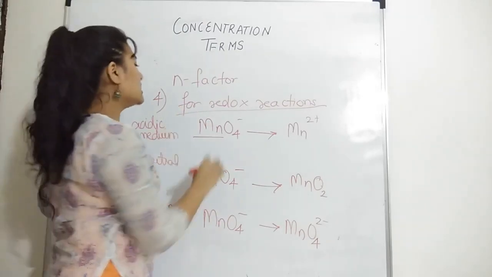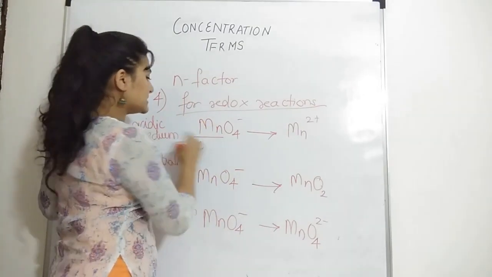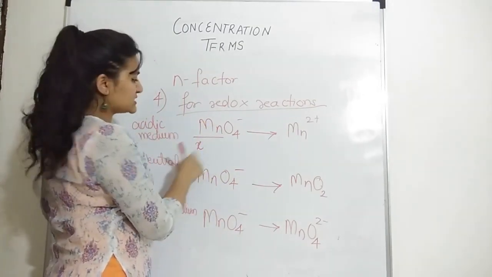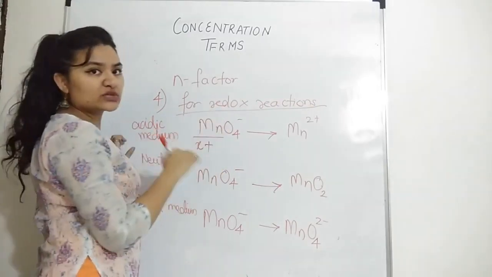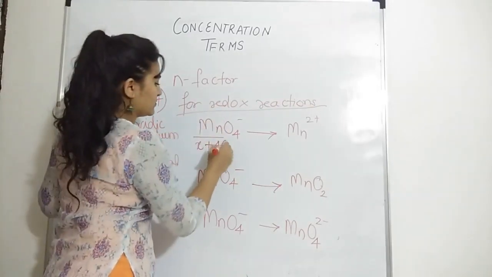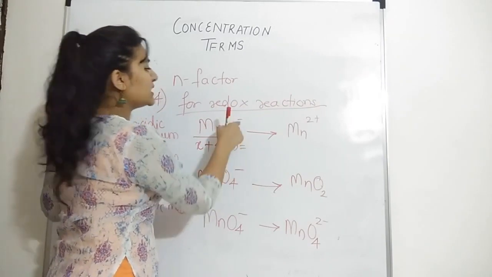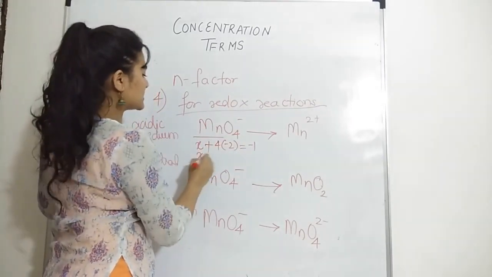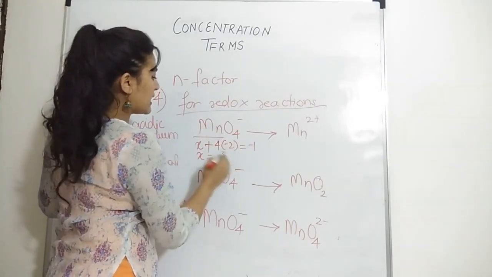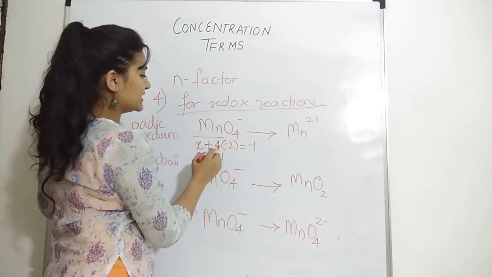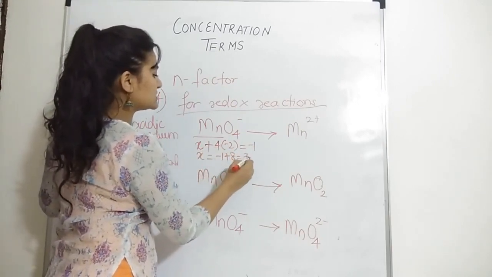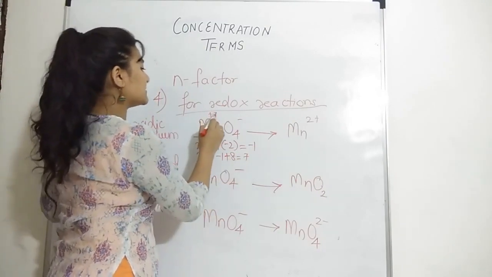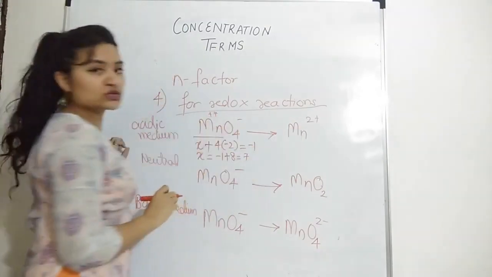Okay, so take the oxidation state of Mn as X, plus 4 into, on one oxygen how much charge is there? -2. And the total charge will be -1. So what will X be? -1. 4 into 2 is -8, so on this side it becomes +8. So X is 7. So over here you have +7 charge and here you have 2 plus charge.